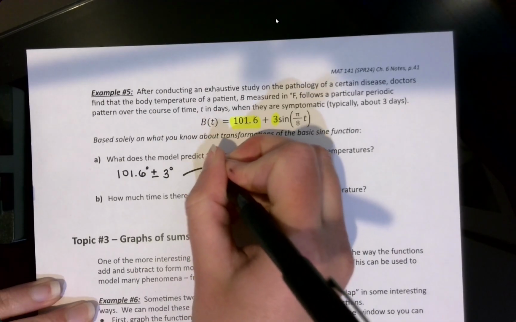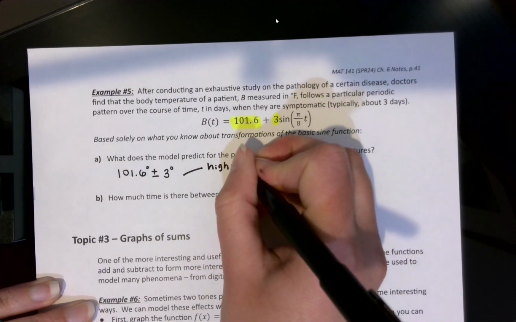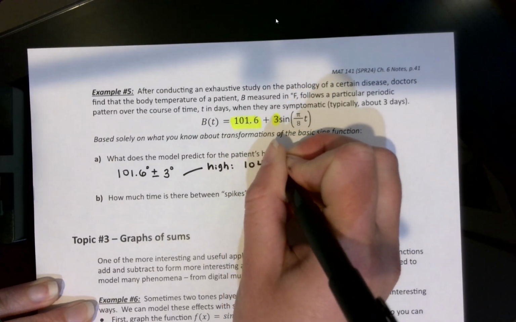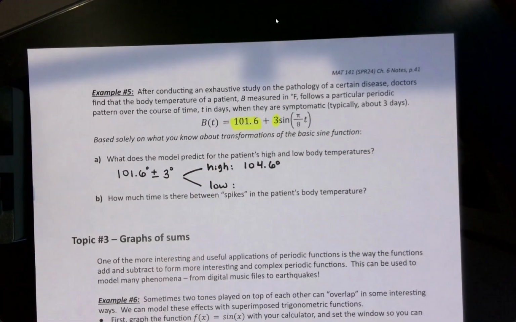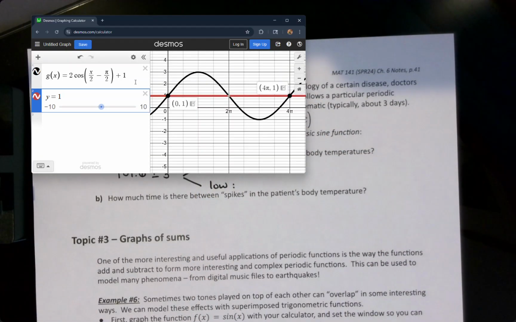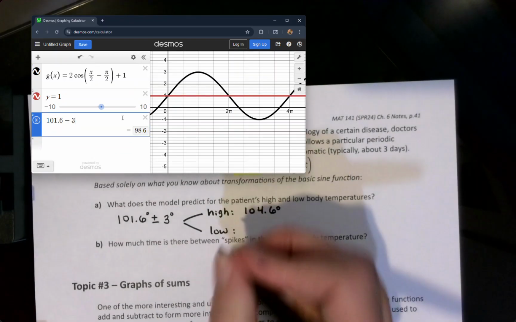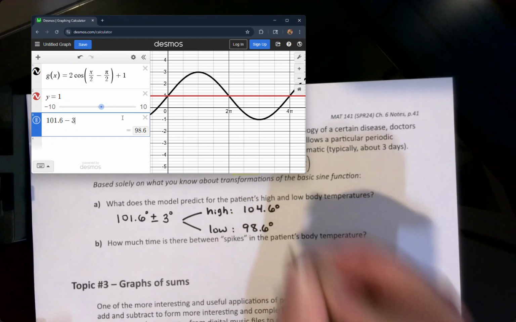So for high, we would have a high of 104.6 degrees, and low, I'm going to use a calculator to subtract till I get my numbers right here. We've got our 101.6 minus 3. That's going to be a low of 98.6 degrees.